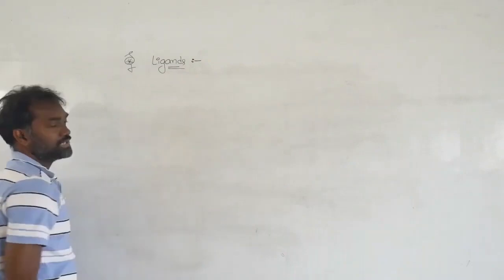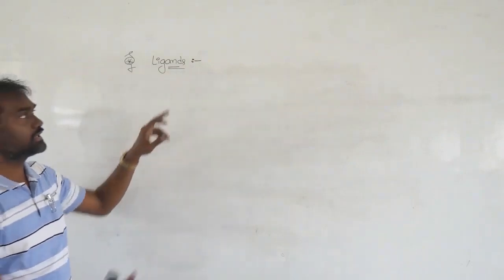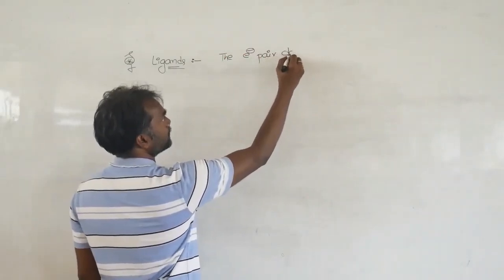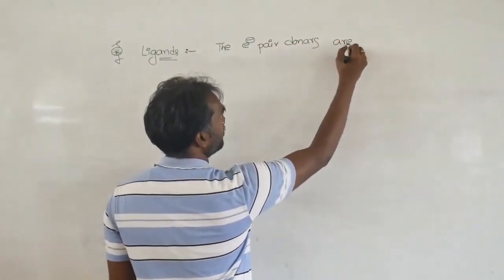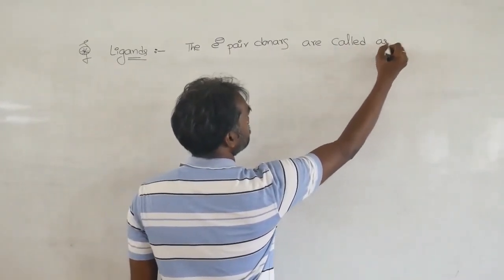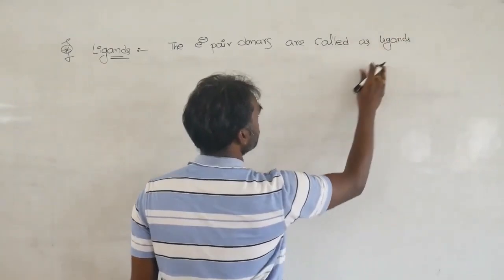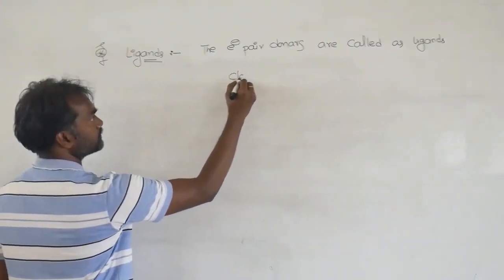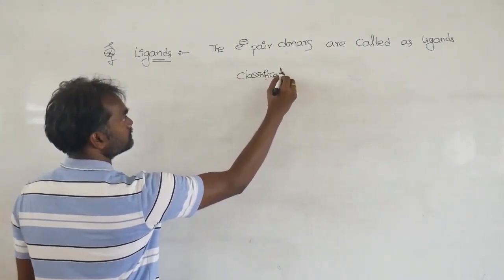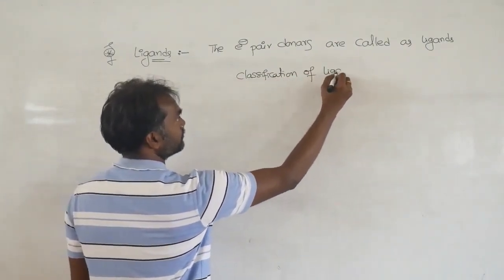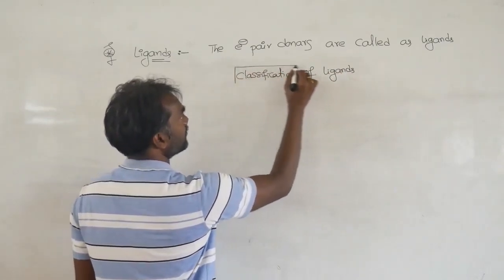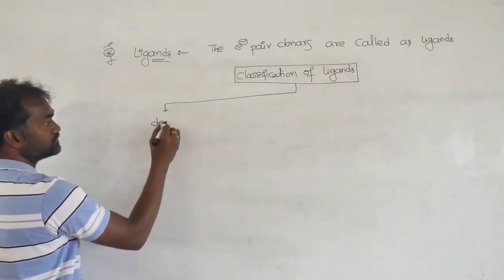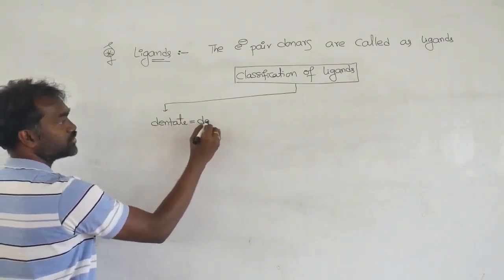See, already we discussed which one you call a ligand: the electron pair donor. The electron pair donors are called ligands. These ligands are classified. Classification of ligands: see, dentate means donation.